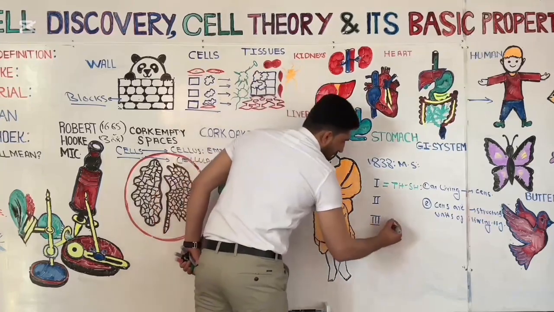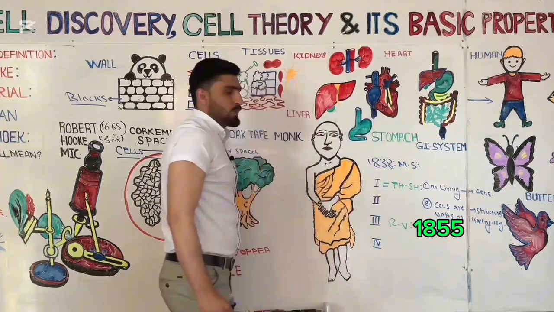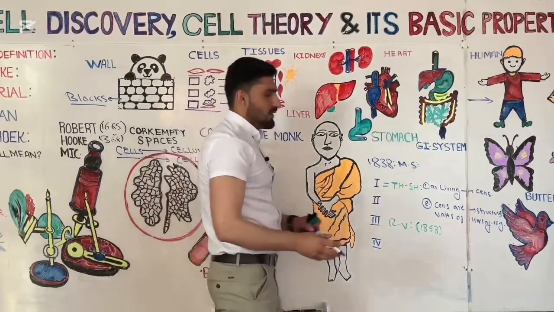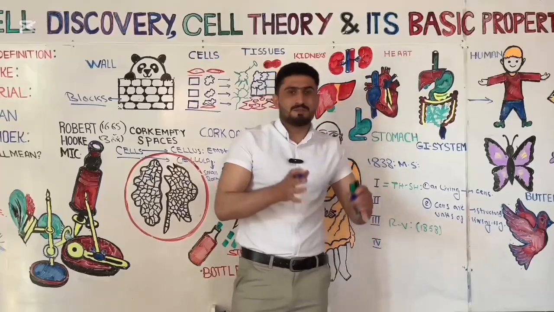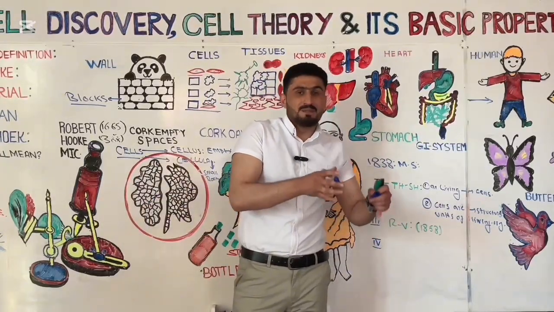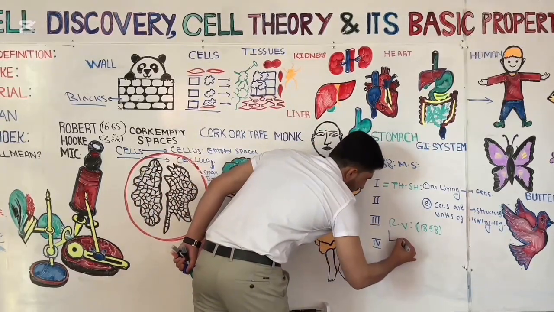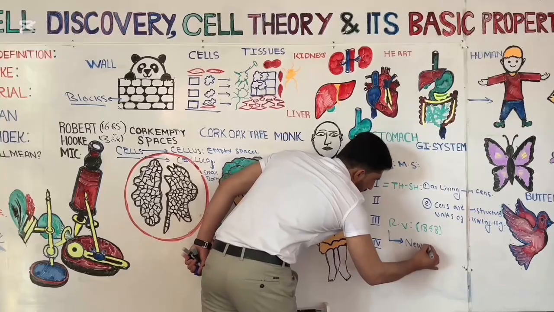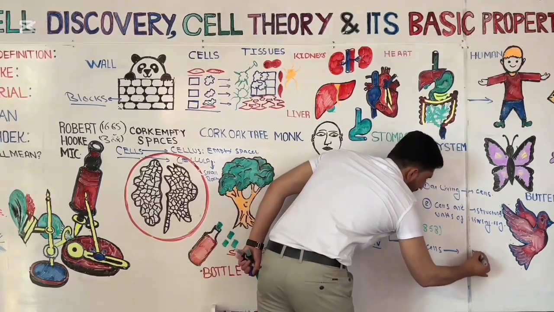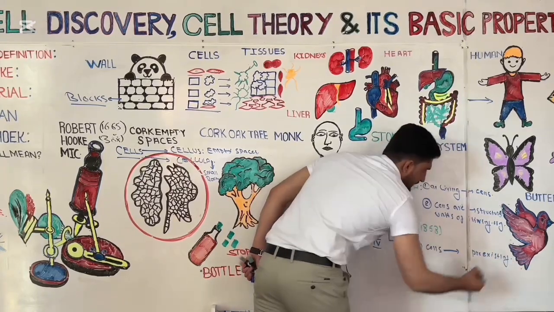And after this gentleman, another master came in. His name was Rudolf Virchow. He proposed the third cell tenet. He said that all new cells originate from pre-existing cells, or all new cells arise from pre-existing cells.